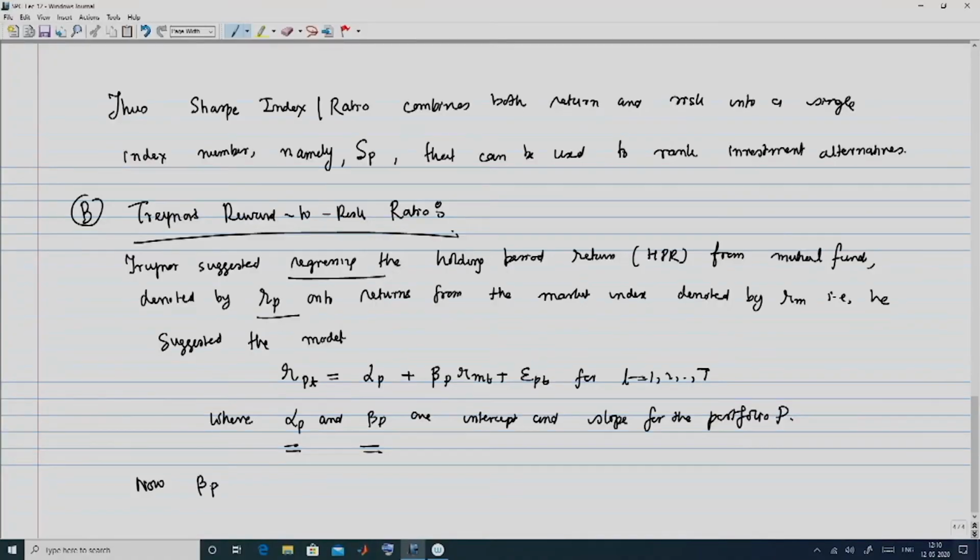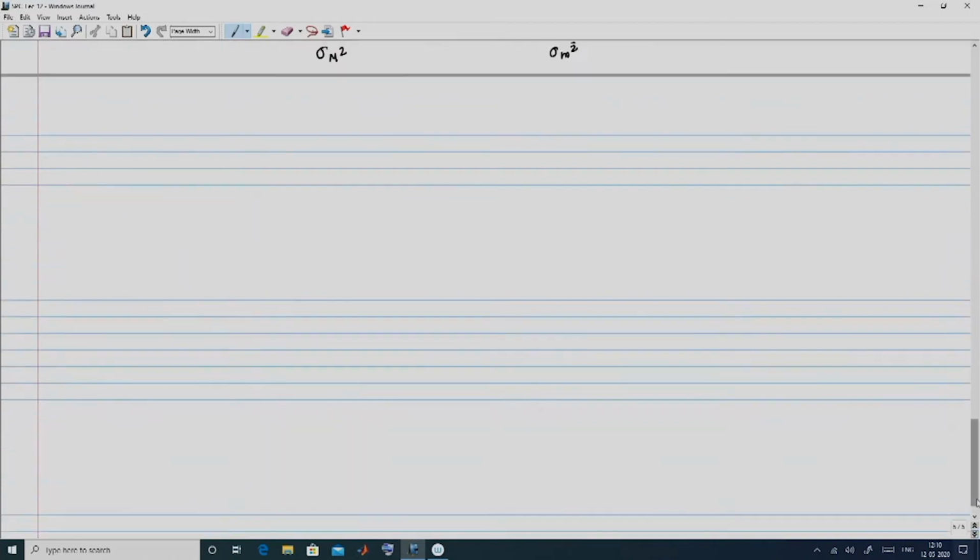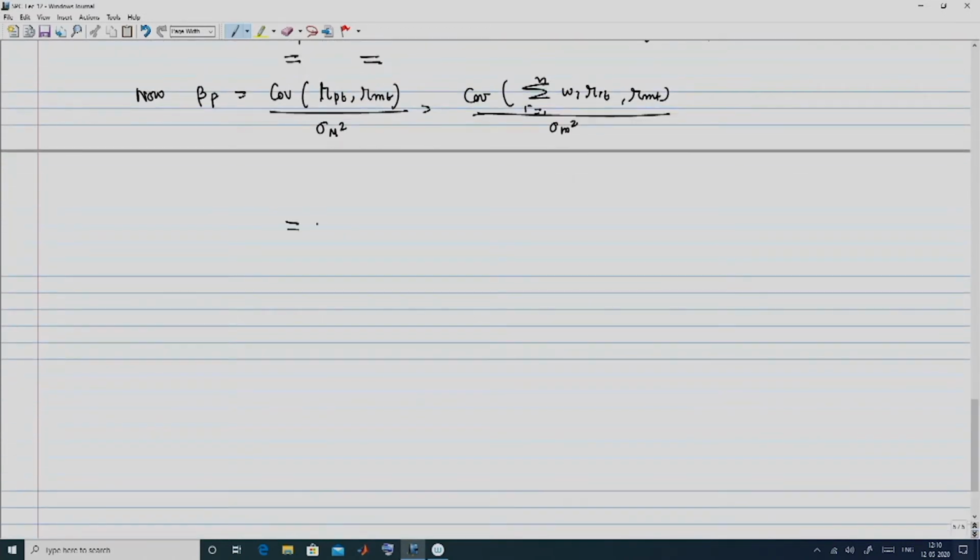All right. So, now let us talk about beta P, and beta P by definition what is this going to be? It is going to be the covariance of the return of the portfolio with that of the market divided by sigma m square, and this is the covariance of the return on the portfolio, summation Wi Rit, i equal to 1 to n, with Rmt, divided by sigma m square, and this is equal to, so I can use the linearity property of covariance.